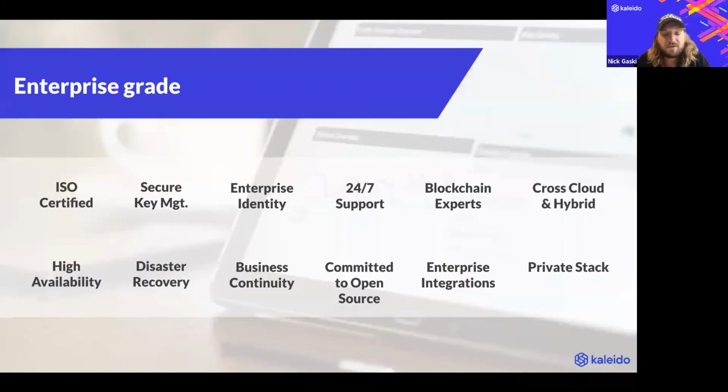And lastly, a few snapshots of what you get when we say enterprise grade: ISO 27001 certification, really high caliber secure key management techniques, enterprise identity constructs with PKI and X509 certificates, HA/DR, business continuity with reliable snapshot backups, and best of breed open source clients as well. I'm not going to go ad nauseam on these, but it's worth mentioning that you truly do have enterprise out of the box, regardless of what plan you're on in Kaleido.